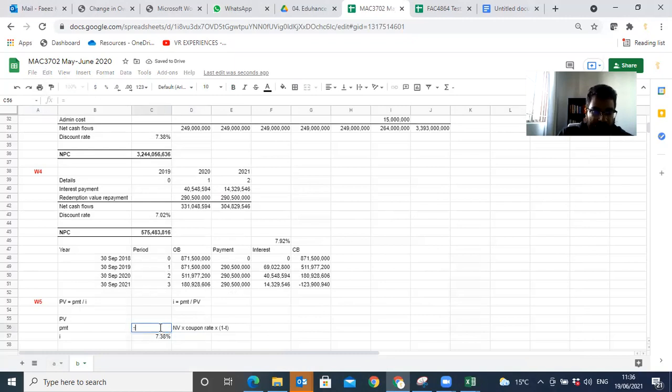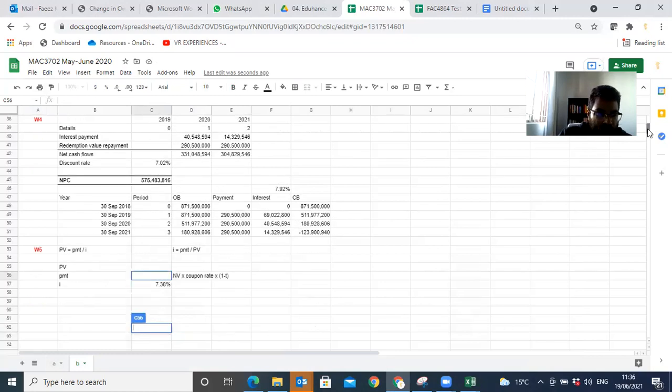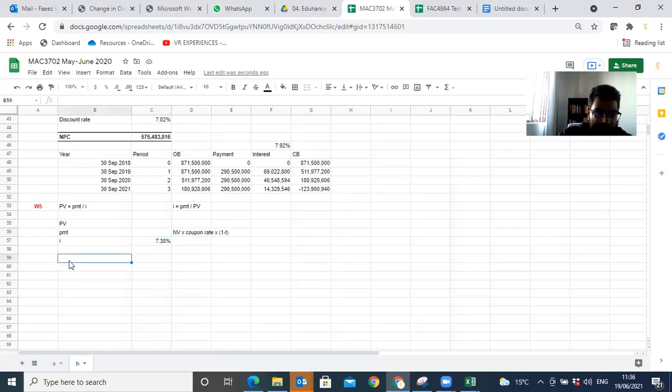Maybe if I just work out this payment separately, it's easier to follow. So to get PMT, we need face value and coupon rate, and then it must be after tax. I'm going to put PMT after tax here, so it's easier to follow.